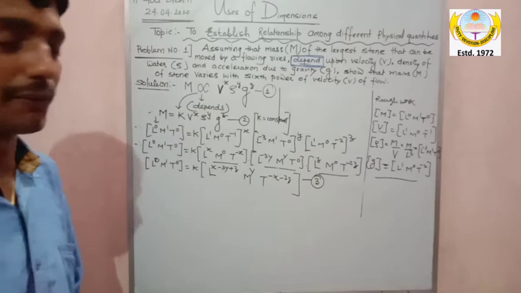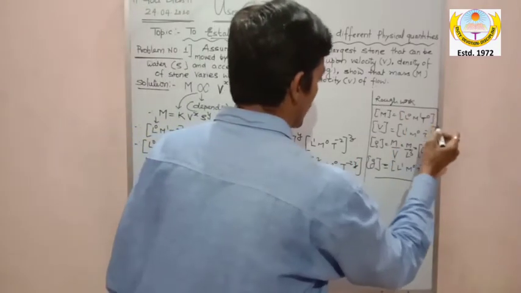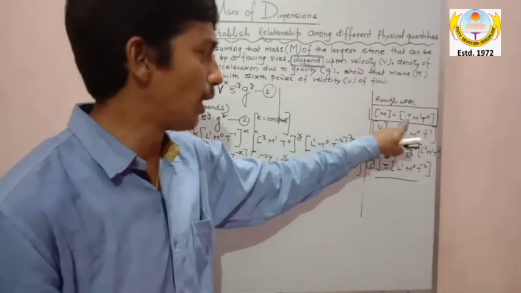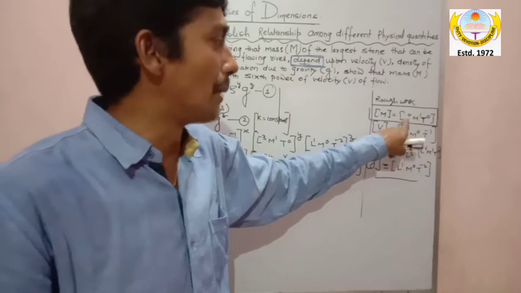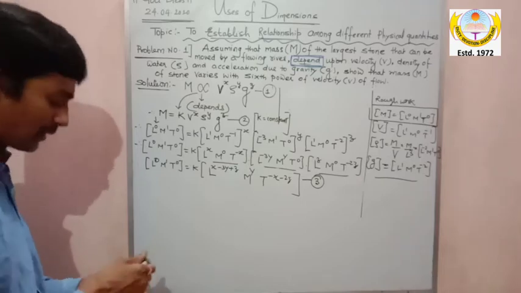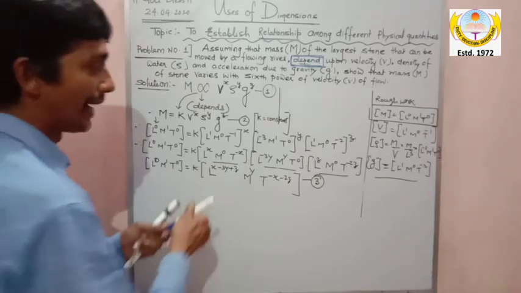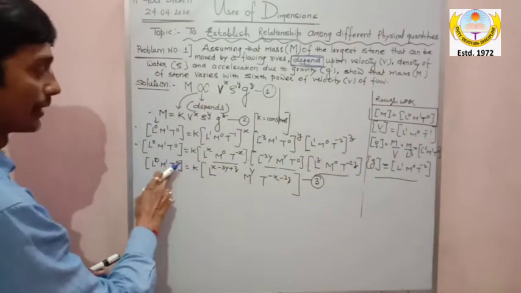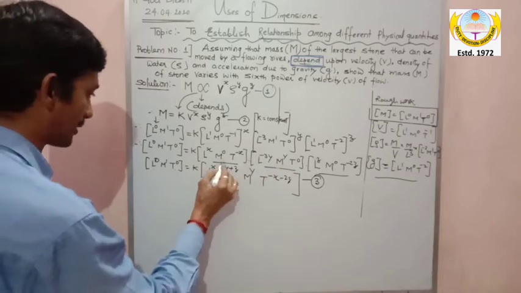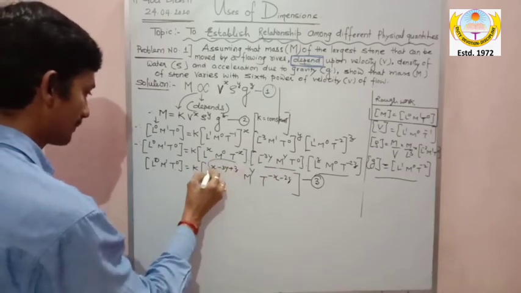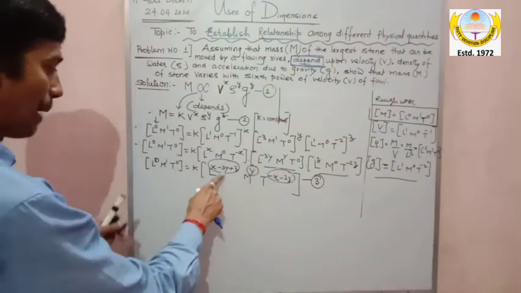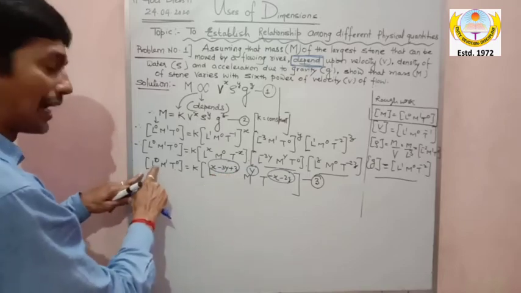Now my dear, this is the reason why, if you remember, I told you in this question, whenever you write the dimension for mass, you all know it is M power 1. So why are we writing L power 0, T power 0? It is natural, there is no length and no time. But now I will tell you why I am saying write everything on the left hand side for all powers, even if length and time are 0, because on the right hand side you can see these powers. The power of L will compare with the power of L on the left hand side.